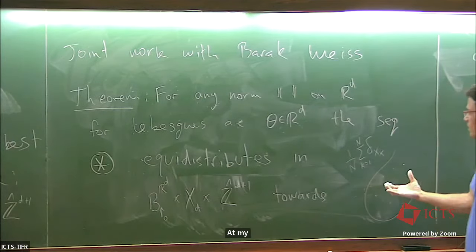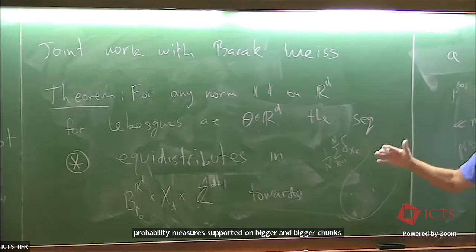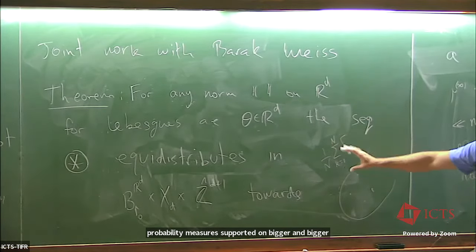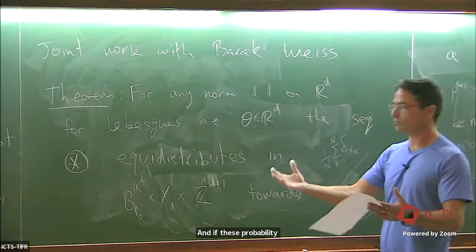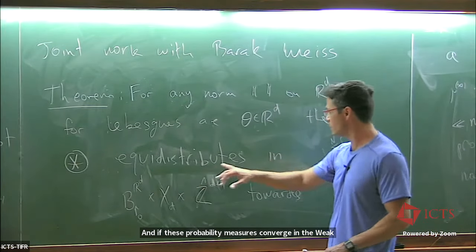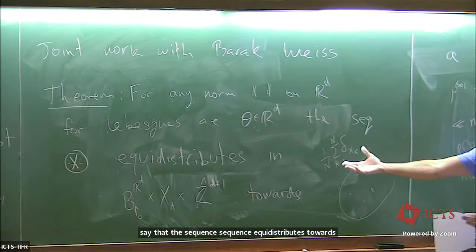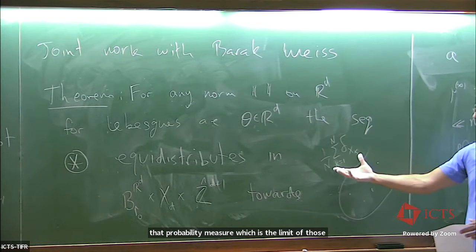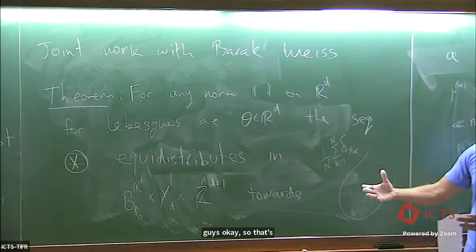So this gives me a sequence of probability measures supported on bigger and bigger chunks of the sequence. And if these probability measures converge in the weak star topology to a certain probability measure, then we say that the sequence equidistributes towards that probability measure, which is the limit of those. That's the meaning of the statement.